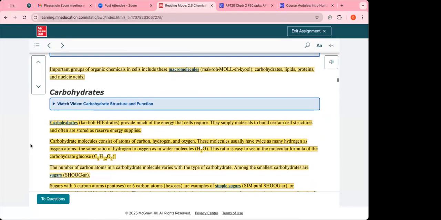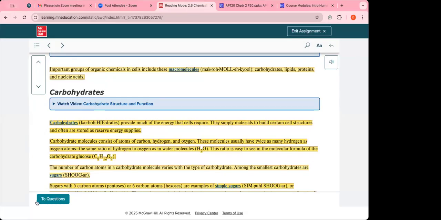Okay, carbohydrates. If you look in the middle paragraph, the second one, carbohydrate molecules consist of atoms of what? You see it? Carbon, hydrogen, and oxygen.